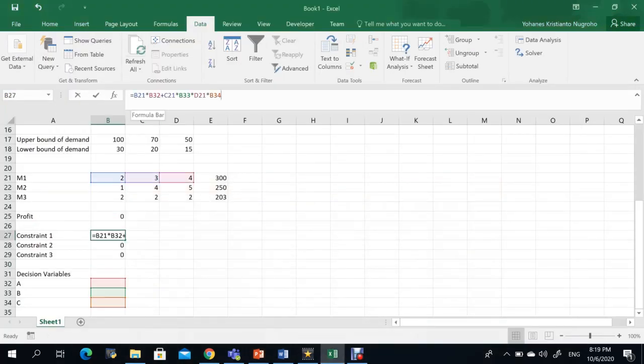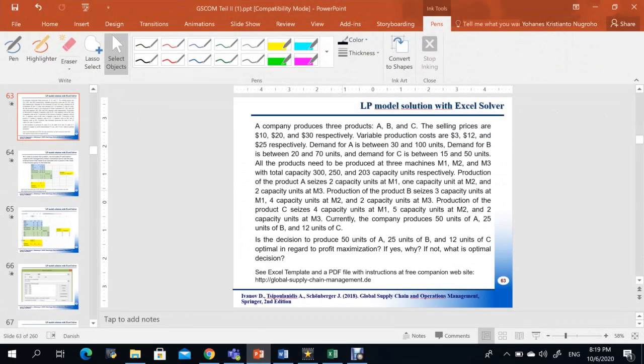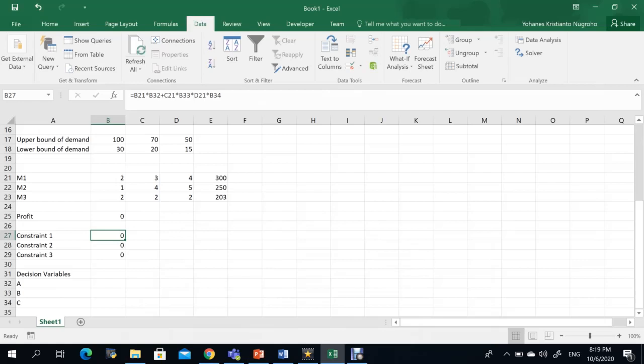Yes, it is 2 at M1. And for B, we have 3 capacity at M1. Also here 3 capacity at M1 exactly, right? And also here 4 capacity at M1 for product C. Great.